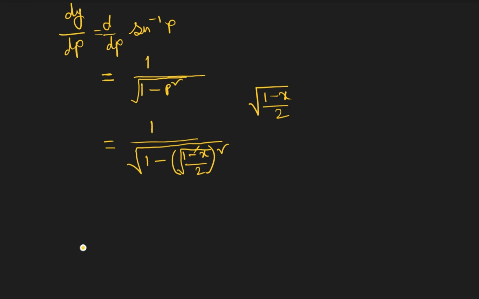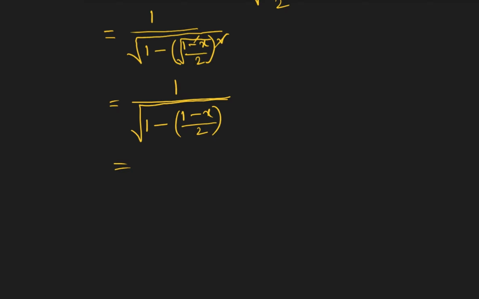So square root and square cancel out. So what we have here is 1 over square root of 1 minus x over 2. The following line will be the LCM of this.